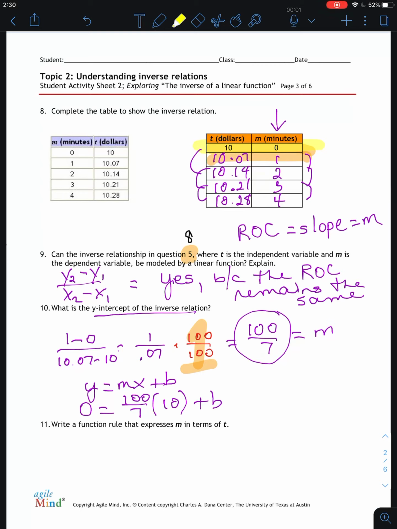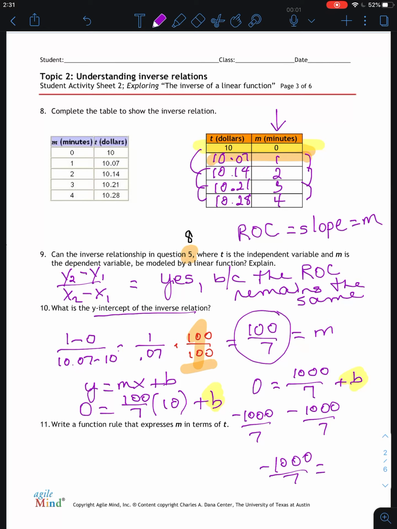That's what we don't know, so we're trying to solve for that b. So then we end up with 0 equals 1,000 over 7 plus b. Again, we're still trying to solve for that b. So we're going to subtract 1,000 over 7 from both sides, and we get b equals negative 1,000 over 7.